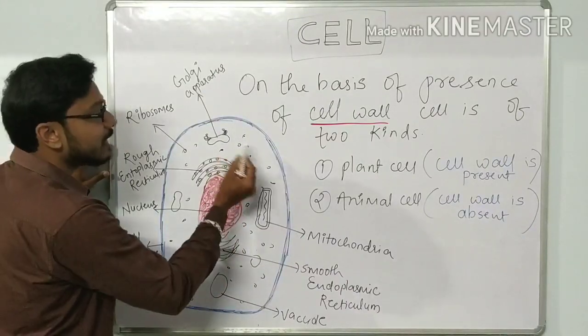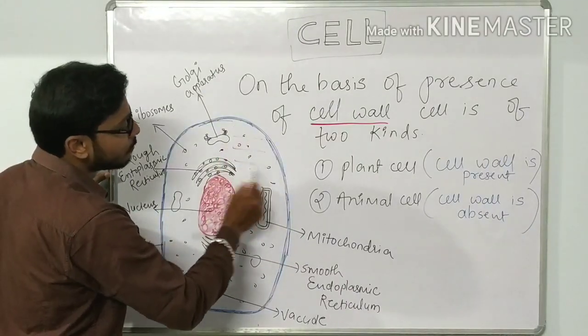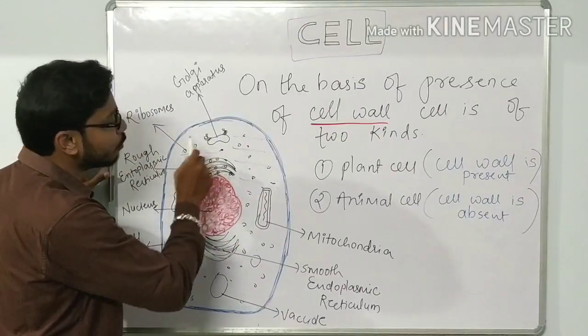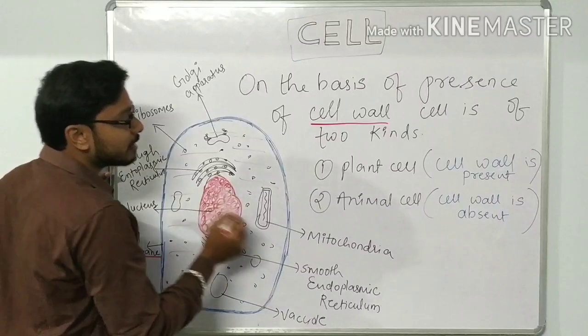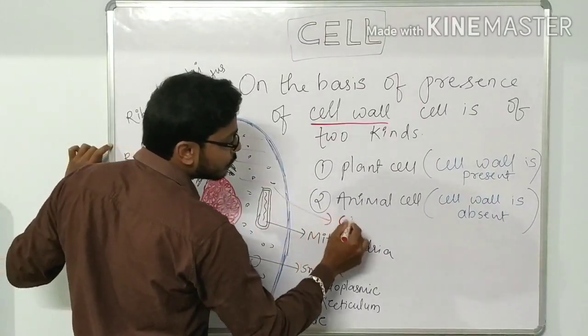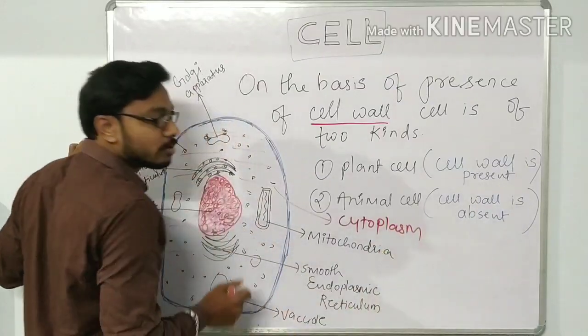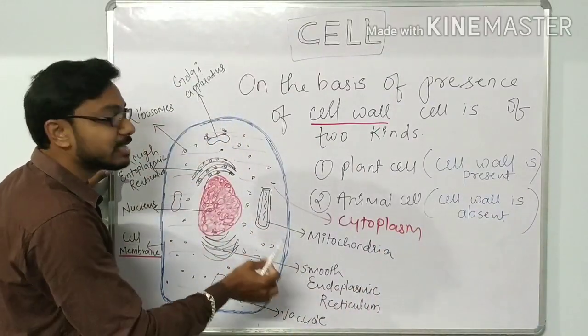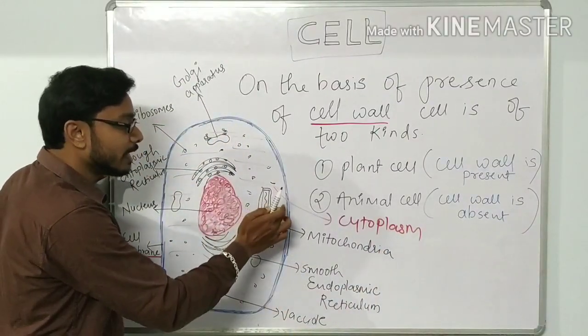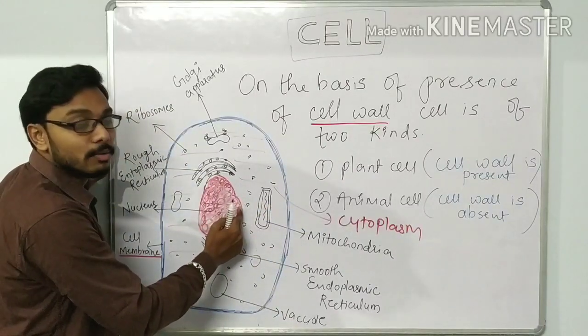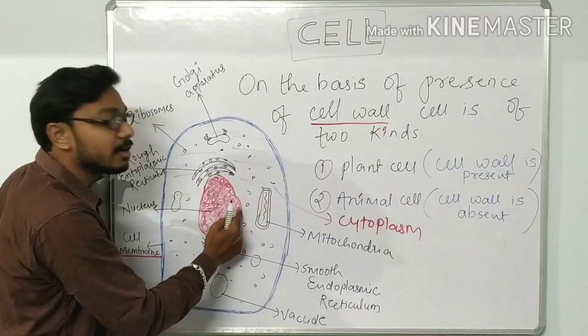Inside this there is a fluid filled inside the whole cell. That fluid is known as cytoplasm. That cytoplasm is filled between the cell membrane and the nucleus, between the cell membrane and nuclear membrane.